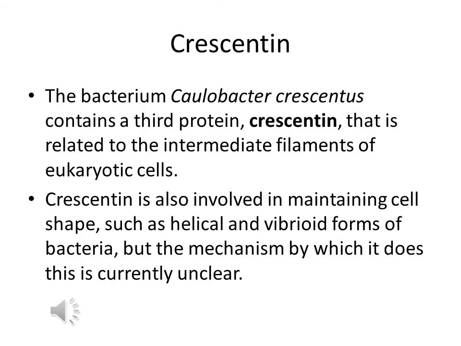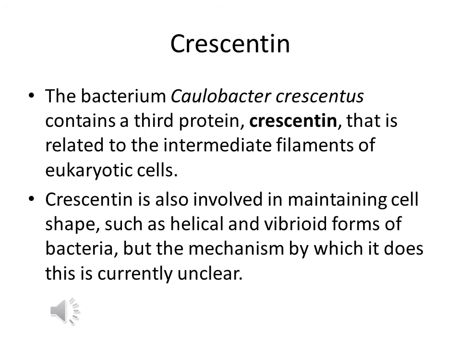Crescentin is a protein which is found in the bacterium Caulobacter crescentus. It is related to the intermediate filaments of eukaryotic cells, which confirms some evolutionary relationship between the cytoskeleton of bacteria as well as the cytoskeleton of humans.